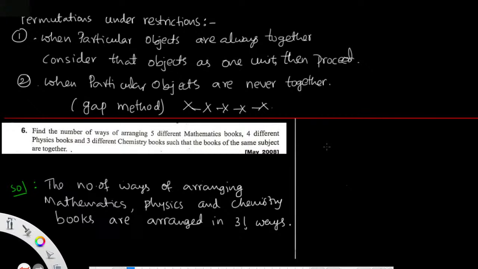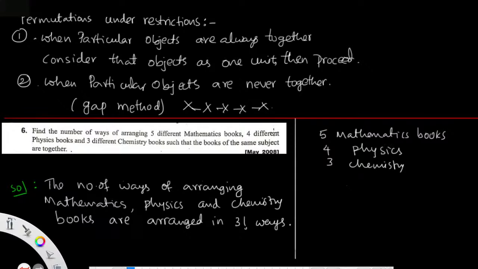First, let us note how many are given in the question: 5 mathematics books, 4 physics books, and 3 chemistry books. The condition is that the books of the same subject are together.